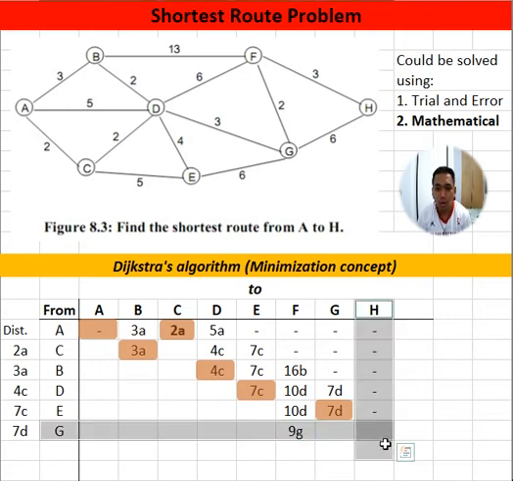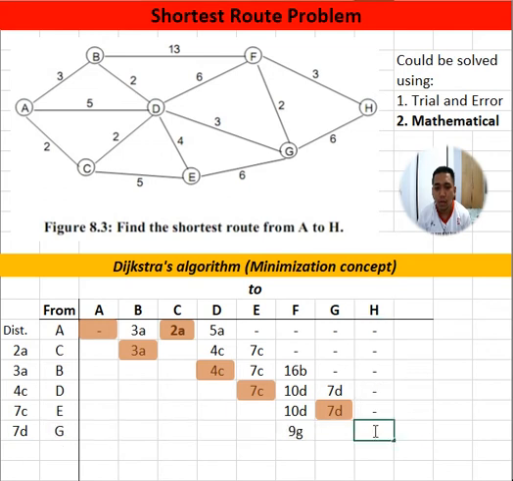G to H. G to H is 6 plus 7, which is 13, 13G, because we used this.